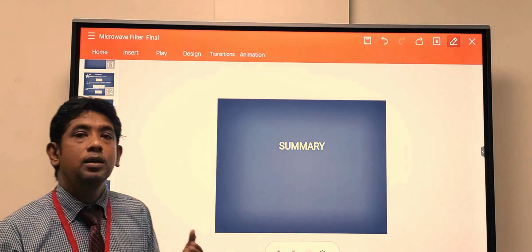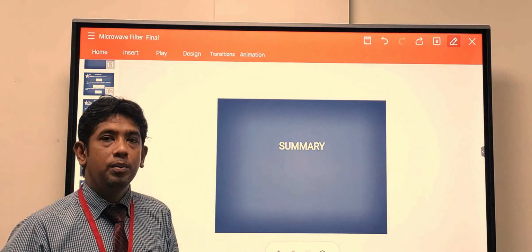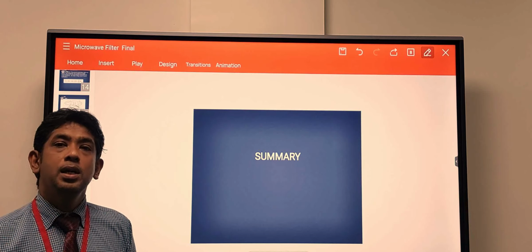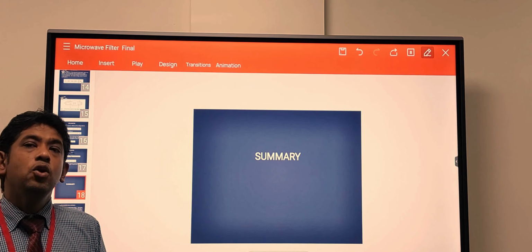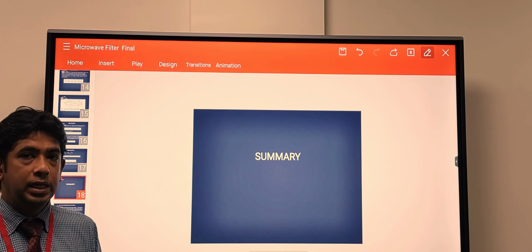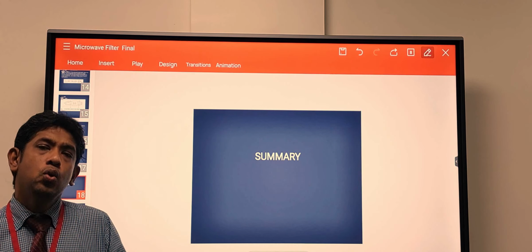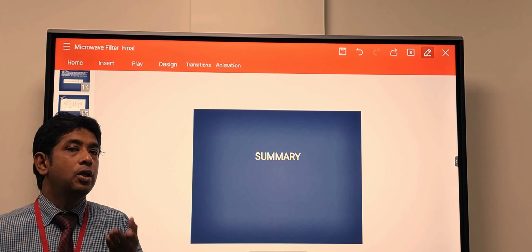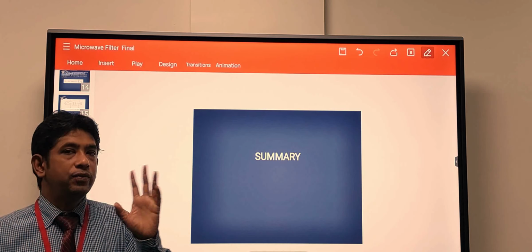So we come here to the summary portion of the microwave filter design and image parameter method. In summary, we see that in case of image filters, depending on how many stages there are in the unit cell, it depends whether it is a broadband or a narrowband filter. A clear classification between narrowband and broadband filters cannot exactly be made for these kinds of image filters.